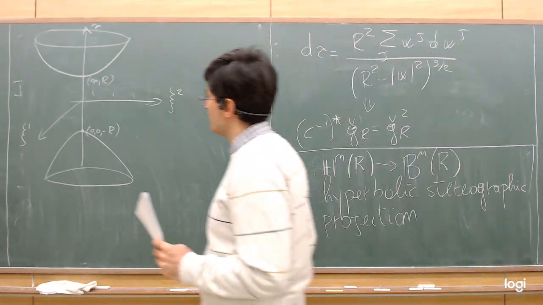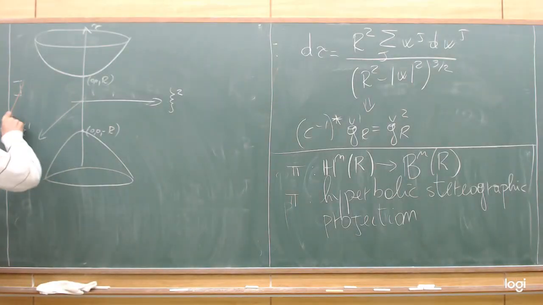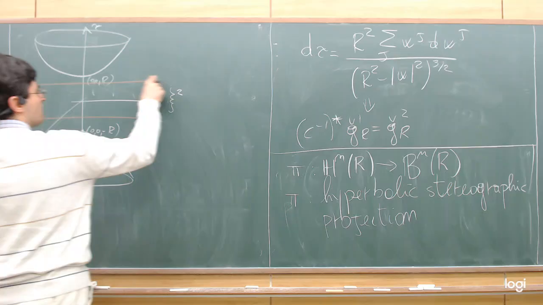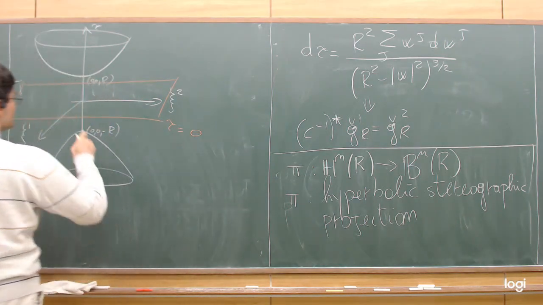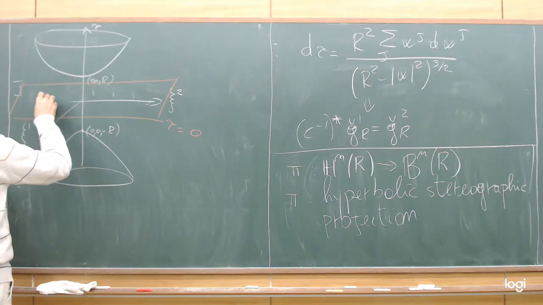Then this time we look at the plane tau equals 0, and we consider a disk of radius r on it.